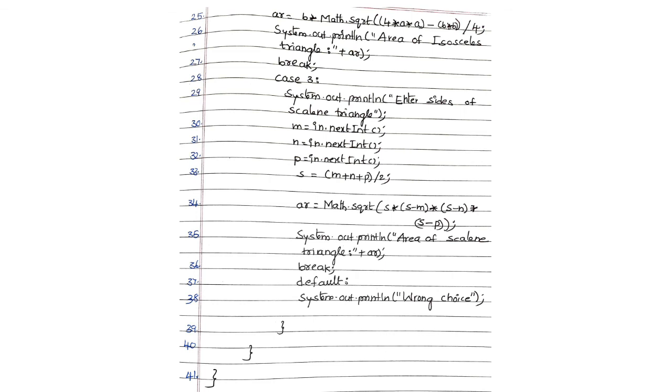And in the last statement, that is statement number 35, I have written the result of the area of the scalene triangle. And the next statement is break, and it acts as the closed bracket for case 3. And the default case also I have written here, that is wrong choice.